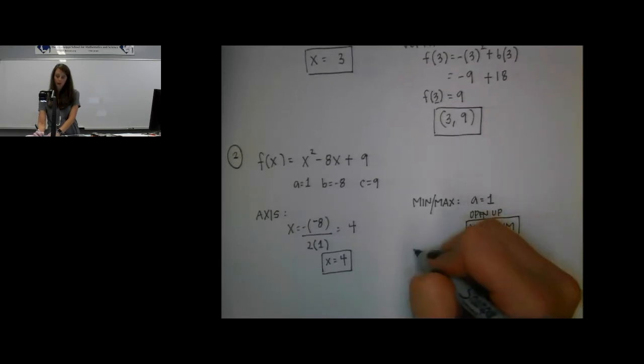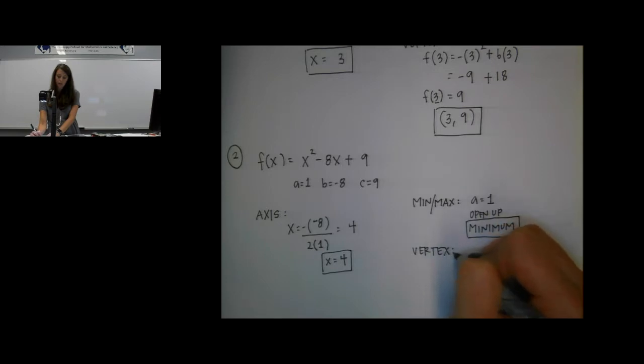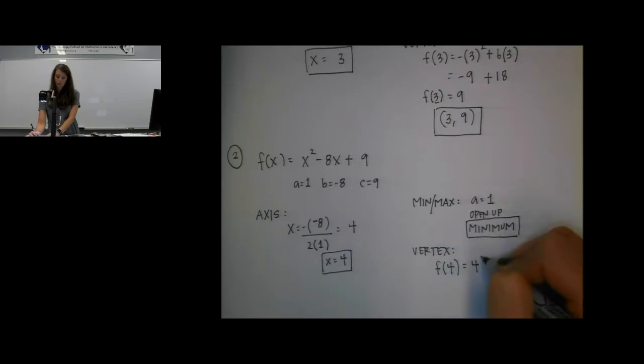Okay. And then for the vertex, you plug in the axis of symmetry. So we're going to plug in f of 4. We're going to plug in 4 everywhere we see an x. Right? So what's that going to be? 4 squared is going to give me 16. 8 times 4 is a negative 32, plus a 9 here.